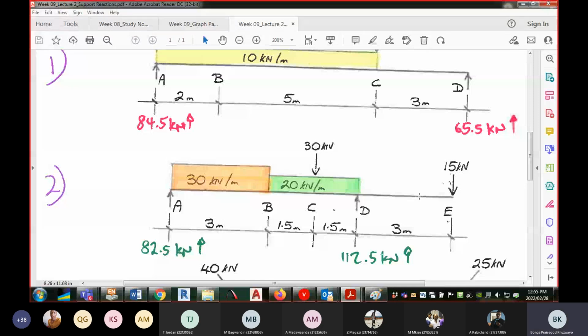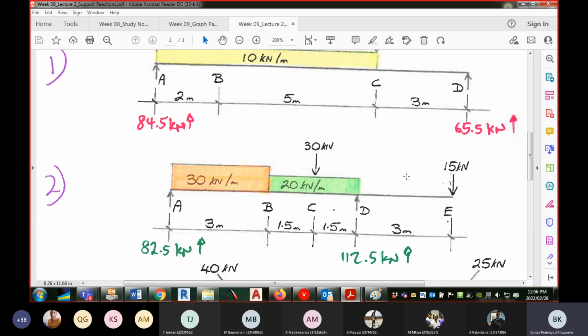So it will definitely fit. You will decide on the scale you want to use. I'm just doing it my way here. So there is 15 kilonewton. There is 15 kilonewton. So let me show you something.